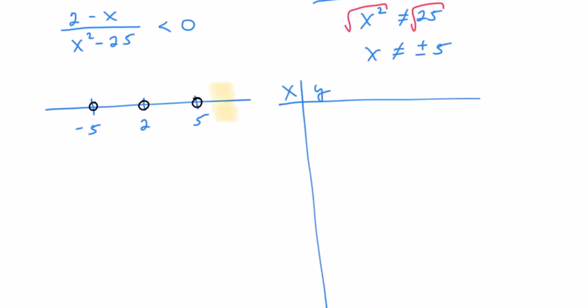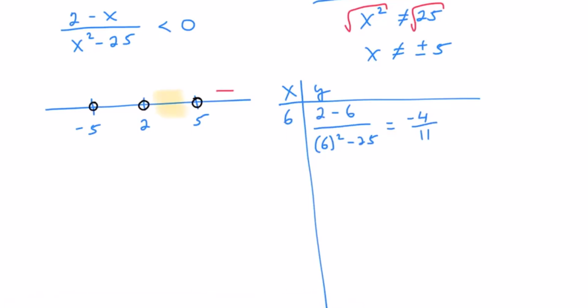We need a number that's bigger than 5. So let's pick 6. So we have 2 minus 6 over 6 squared minus 25. So this is negative 4 over 11. So this is a negative interval.